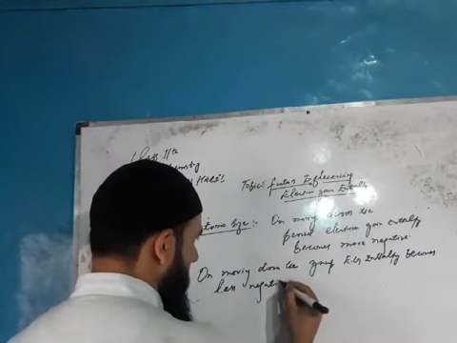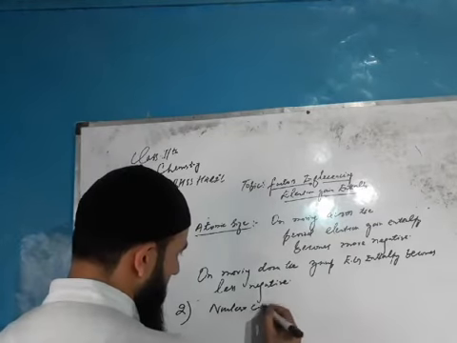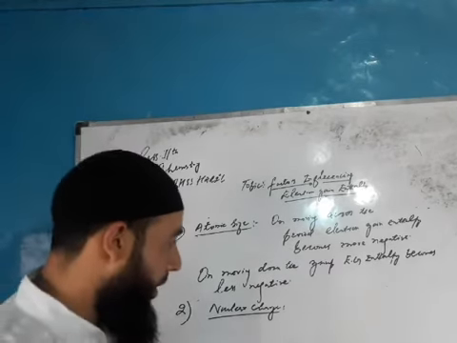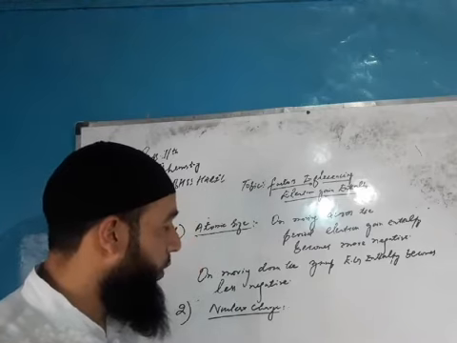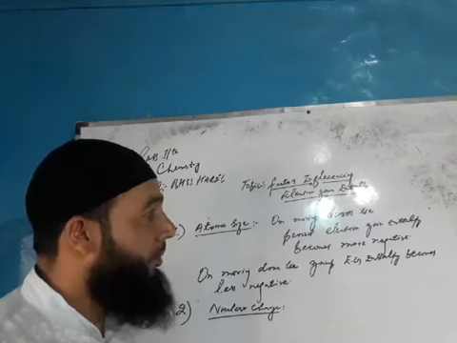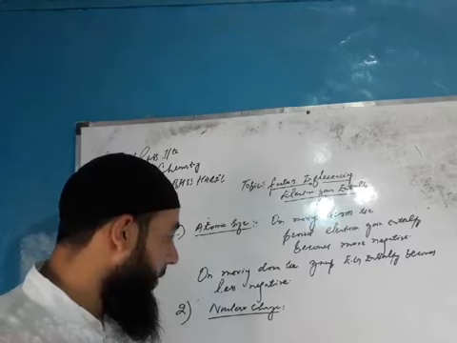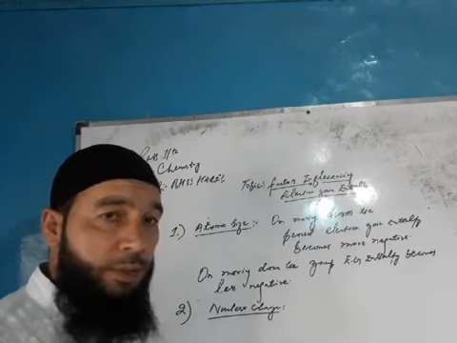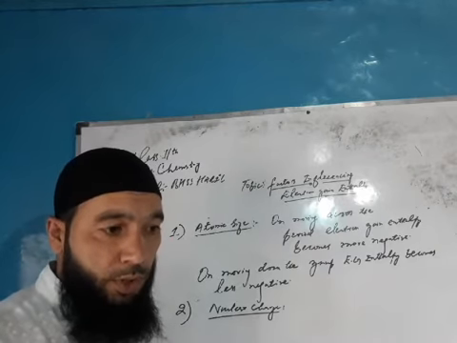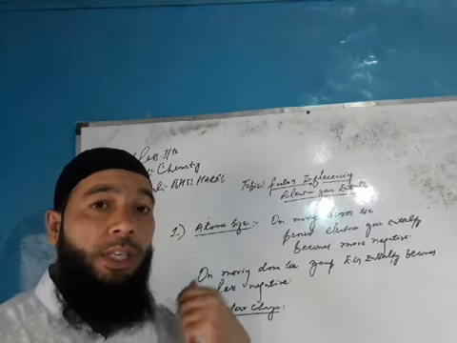Then we have the second factor, that is nuclear charge. Nuclear charge increases on moving across the period, so with increase in nuclear charge, electron gain enthalpy becomes more and more negative. Why does it happen? If the element has more nuclear charge, its attraction for the incoming electron is more.